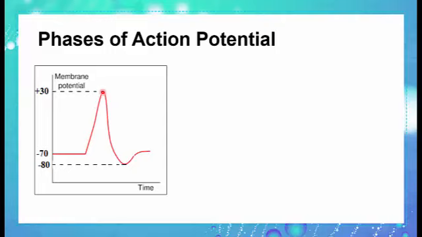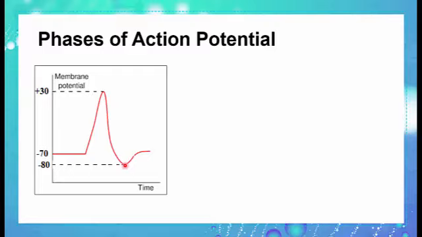It's the first phase of the action potential. Then it decreases to reach its initial value of minus 70 millivolt. It's the second phase. Then it continues decreasing to reach minus 80 millivolt. It's the third phase of action potential. So we have three phases in the action potential.